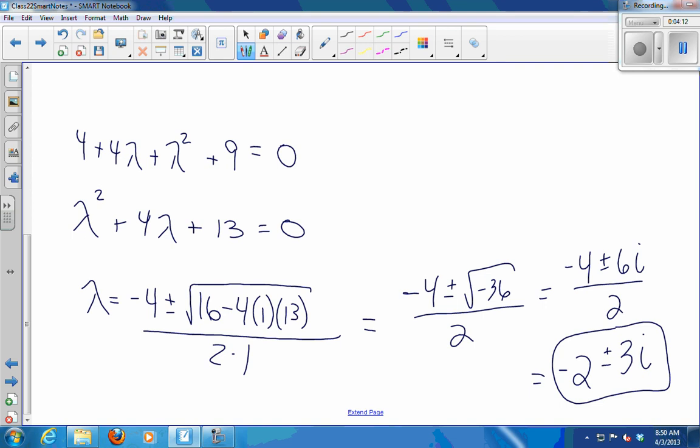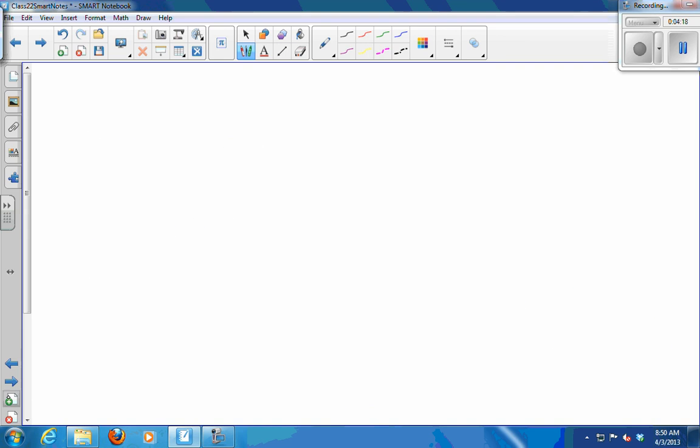So we're just going to have to continue with our investigation. Let's try to find eigenvectors that go with these 2 eigenvalues. Okay, so let's look at negative 2 plus 3i. That will be our lambda 1. So I want to solve AV equals lambda V for V. So those are the eigenvectors.